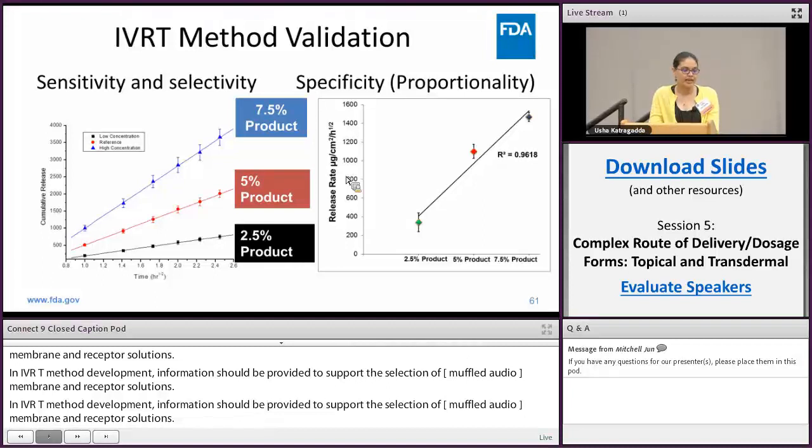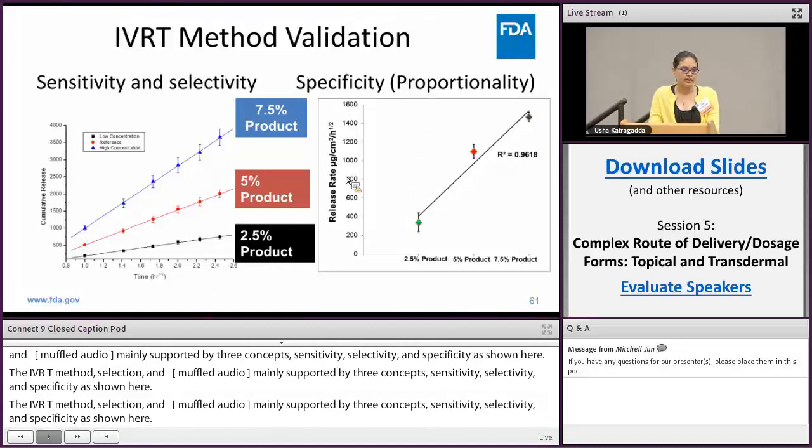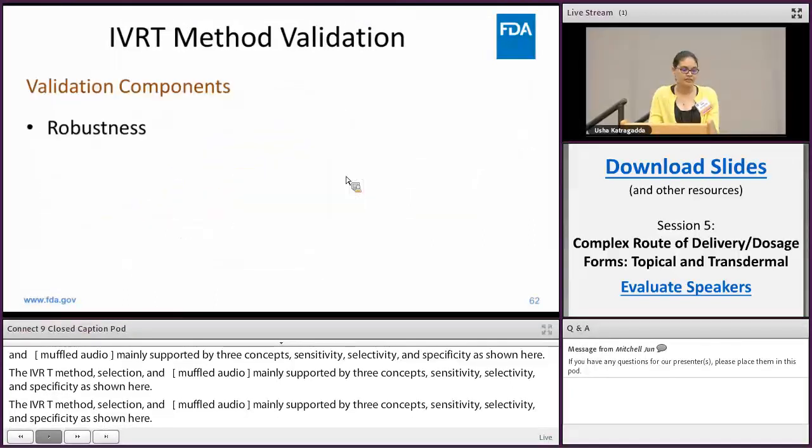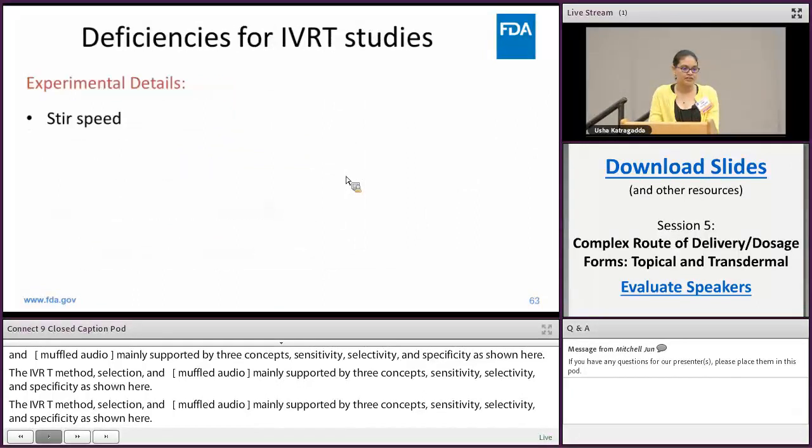And you are recommended to submit the data in both raw data and as a graphical representation. More method validation components are shown here.